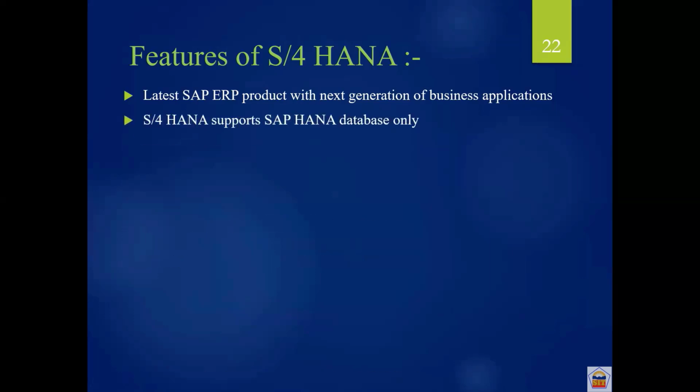Then this is based on the HANA database. Before SAP brought SAP S/4HANA in the year 2015, they first worked on their database, and they came up with their own database called SAP HANA in the year 2010.